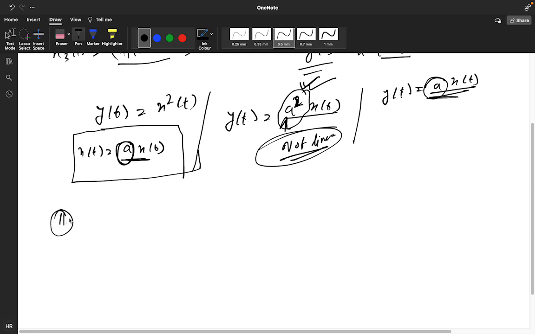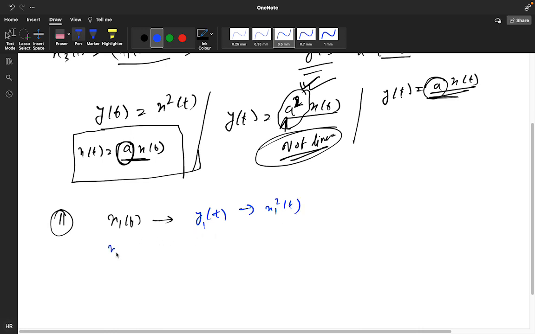And suppose for homogeneity, if you have x1 of t and new terms you are taking a x1 of t, or we are just taking the homogeneity. So just take your x1 of t. So y1 of t belongs to x1 square of t.